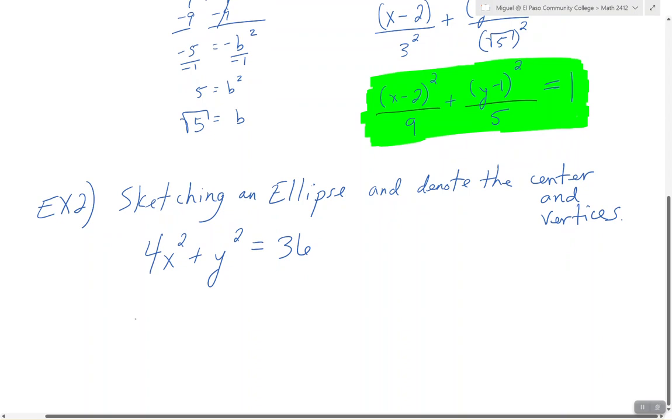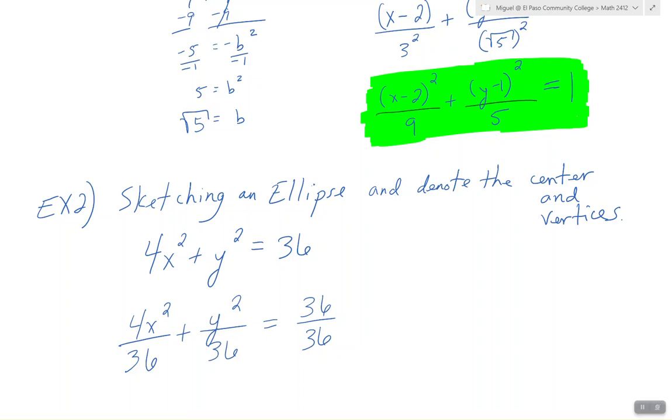It's going to be 4x squared divided by 36 plus y squared divided by 36 equals 36 divided by 36. Okay, this will give us our desired 1 on the right. And we can simplify the left side as well.